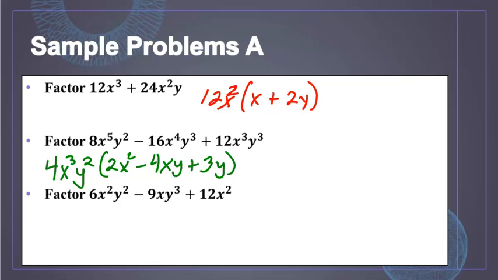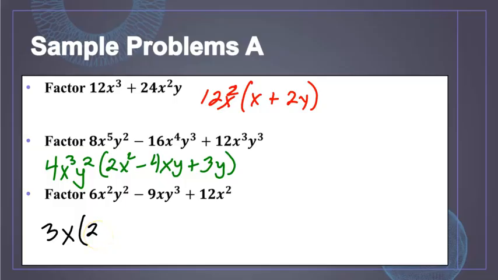This third example, here we have a trinomial again. Divide out the greatest common factor of 6, 9, and 12, and that would be 3. They all have an x in it, and the most I can take out of all 3 would be 1x. I cannot take out a y because the third term does not have a y. So the greatest common factor is 3x. What do I have left? 6 divided by 3 is 2.